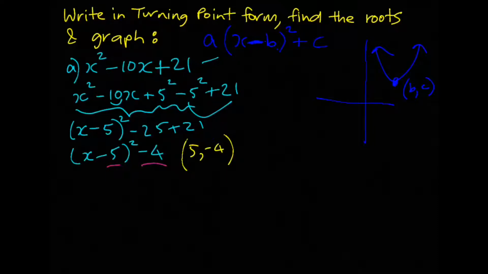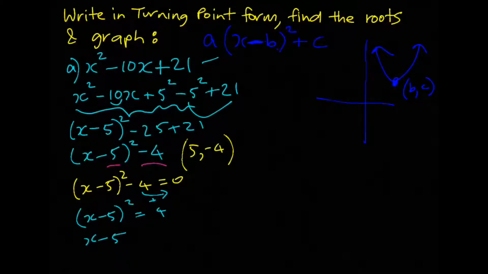So equating that to 0, we have x minus 5 squared minus 4 equals 0. So bring this over to add. We have x minus 5 squared equals 4. And then taking the square root of both, x minus 5 equals the square root of 4 equals plus or minus 2.